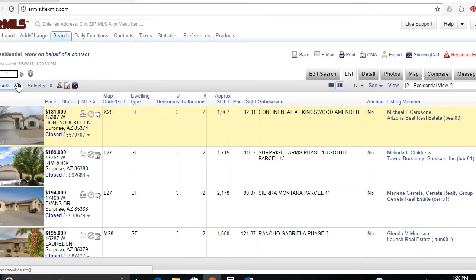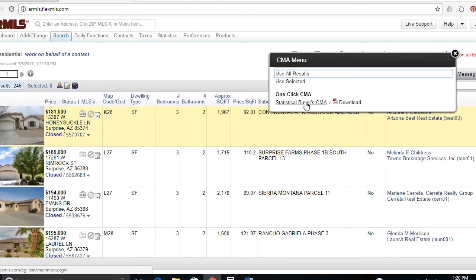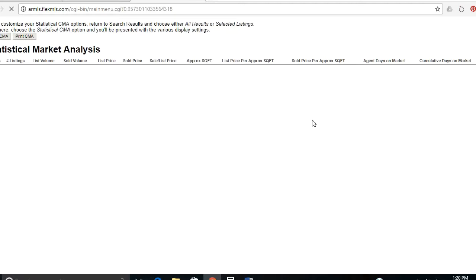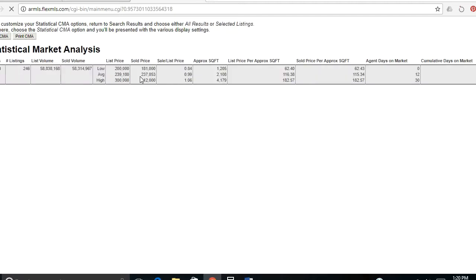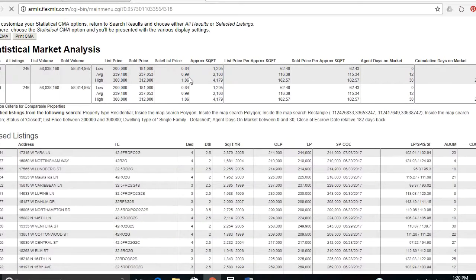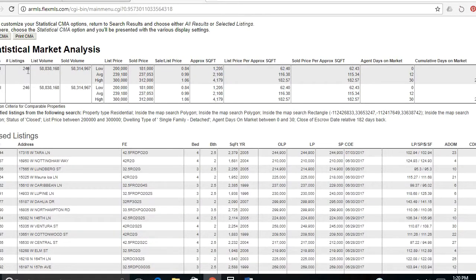What we're going to do with those is hit CMA, Statistical Buyer CMA. This statistical CMA is going to give us the average list price to sales price. There were 246 houses in Surprise that sold over the last 6 months that were on the market 30 days or less.